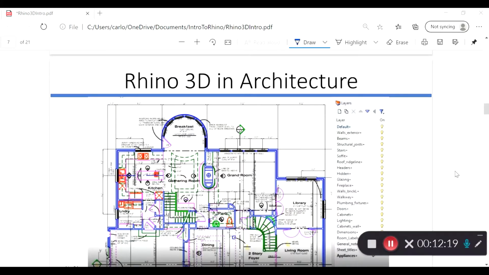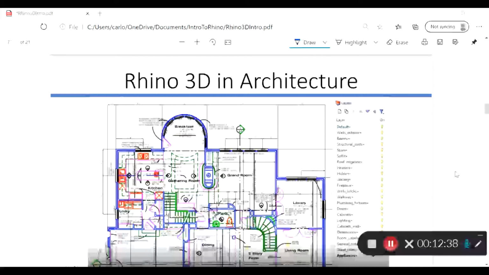Rhino 3D has been extensively used in architecture and engineering due to the powerful set of functions and operations that can be performed to generate surfaces and solids.